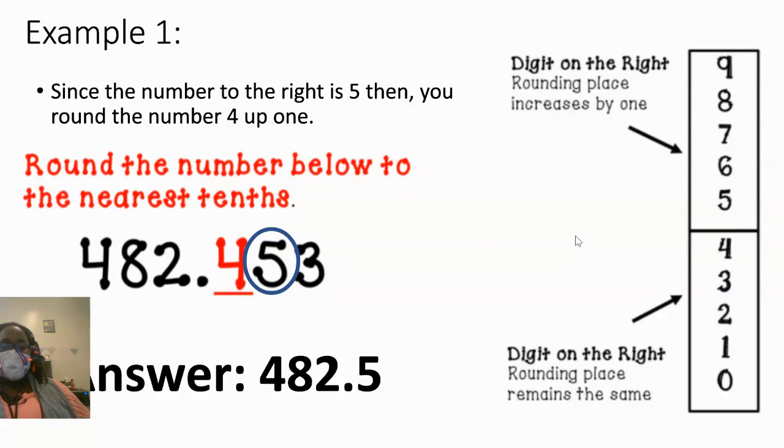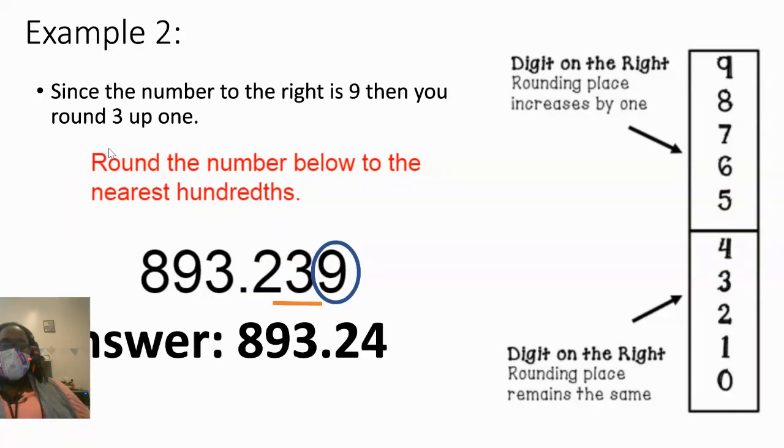Let's look at the next example. We have round the number below to the nearest 100 place. So again, step 1 says underline the place value, which is a 3, in the hundreds place. And then we're going to circle the number to the right of it.